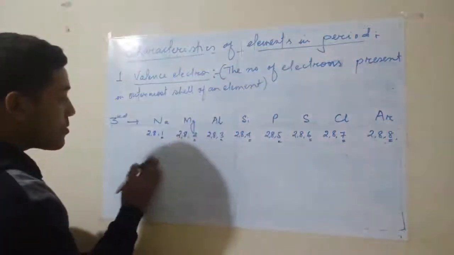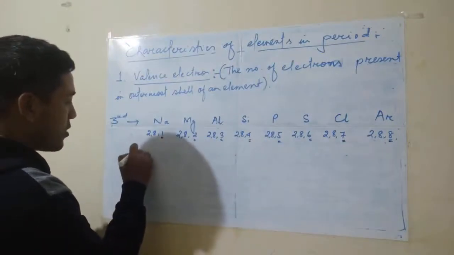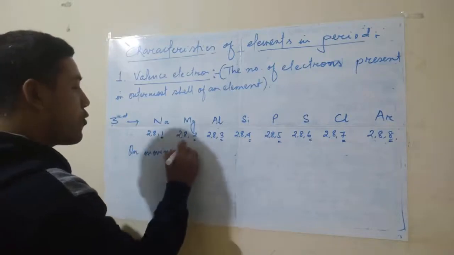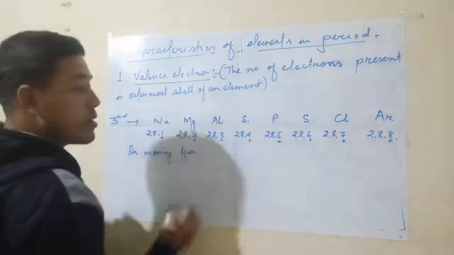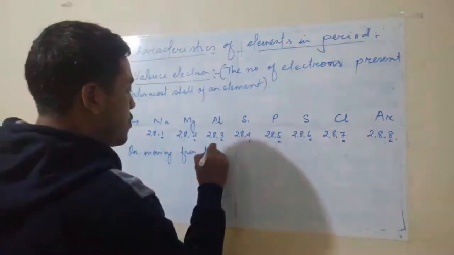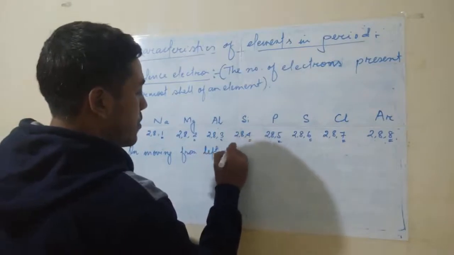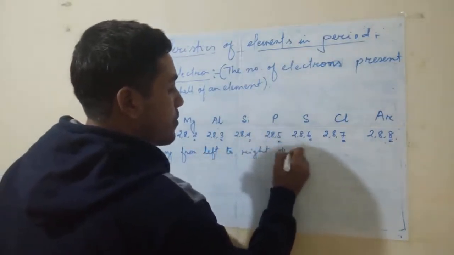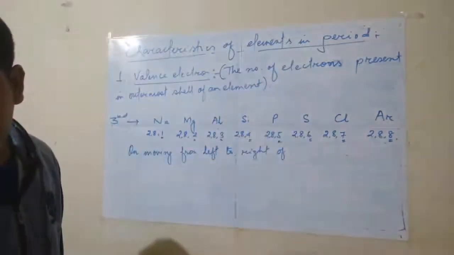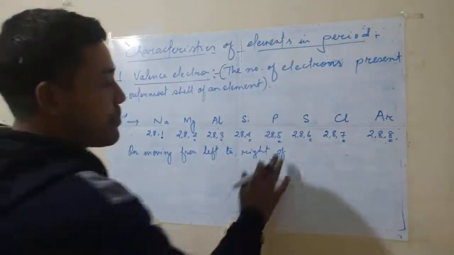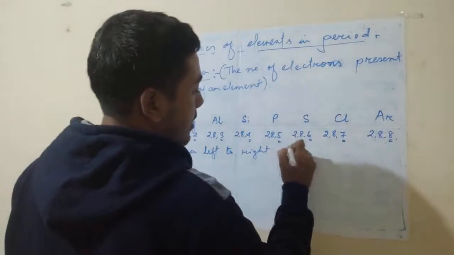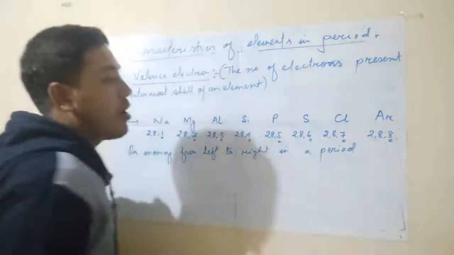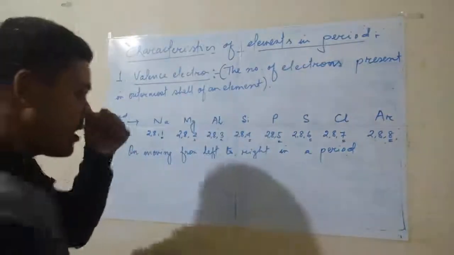On moving from left to right in a period of the modern periodic table, what happens?